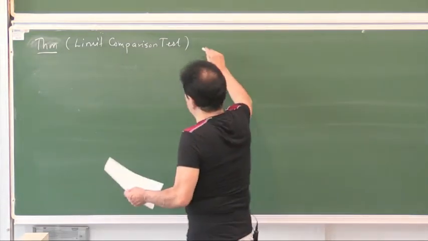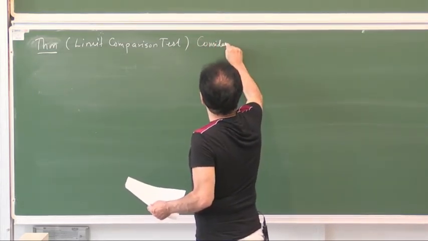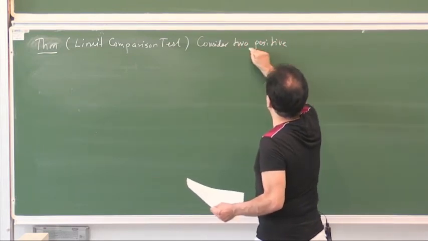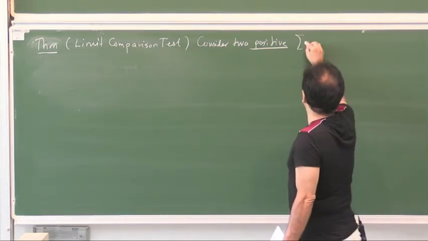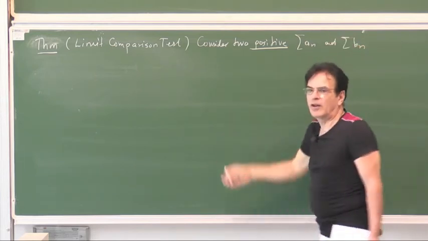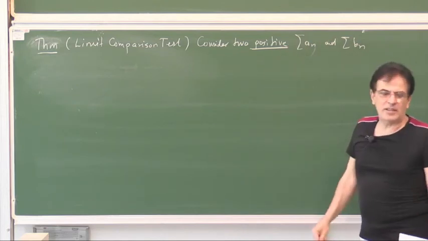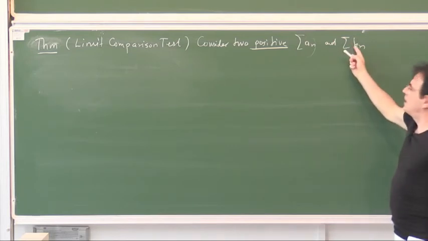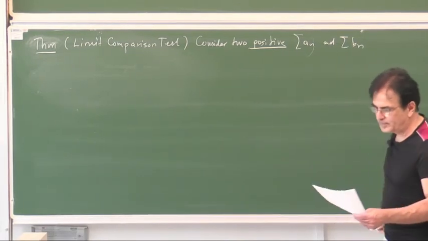The theorem tells us to consider two series again, of course positive series, I'm repeating this several times: sigma An and sigma Bn. Remember our convention: sigma An is generally the series under examination or discussion, and sigma Bn is the series that we introduce for comparison.